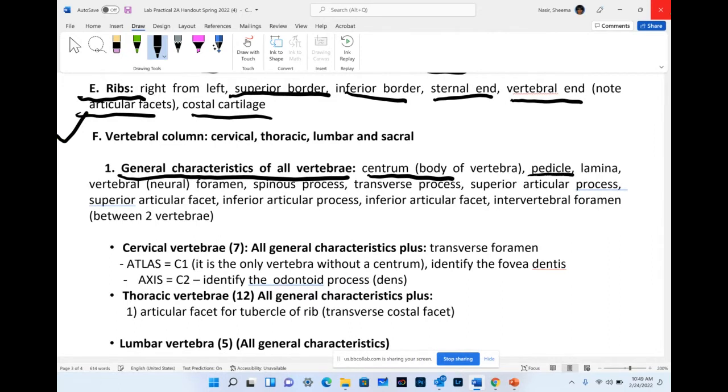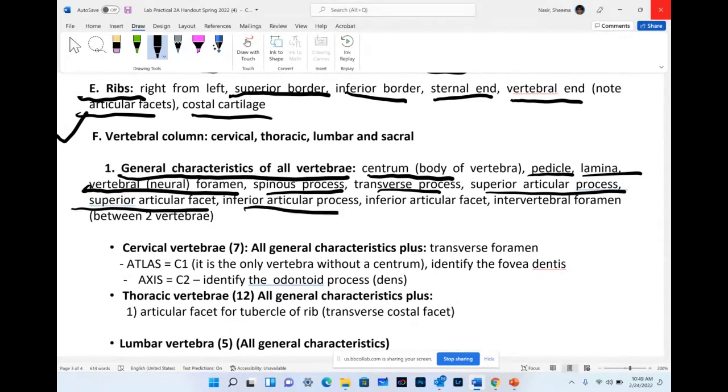Then we are going to look at pedicle, then lamina, then vertebral foramen, spinous process, transverse process, superior articular process and facet, and inferior articular process and facet, and intervertebral foramen, which is made by 2 vertebrae.